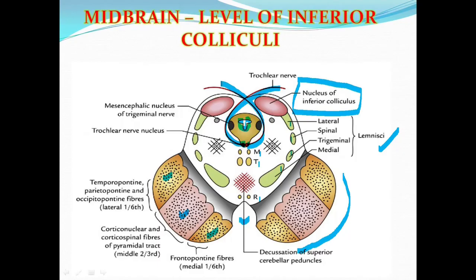The trochlear nerve supplies SO4, the superior oblique muscle. So my right side nucleus controls my left side superior oblique muscle, and vice versa. That's why the crossover takes place over here, followed by the reticular formation, as usual, which is common. This is the key difference you are supposed to remember for the level of inferior colliculus.